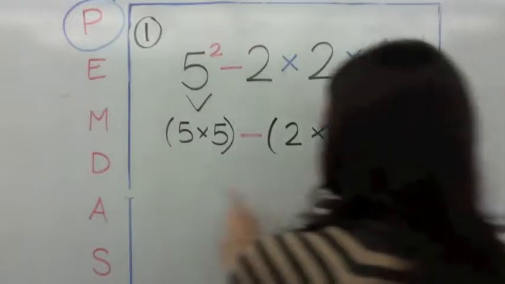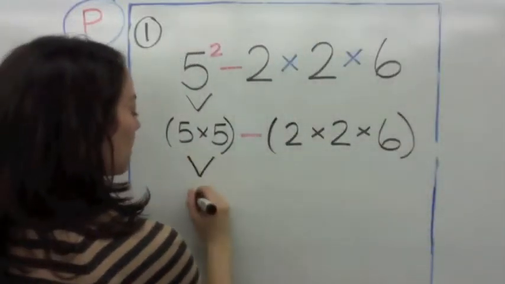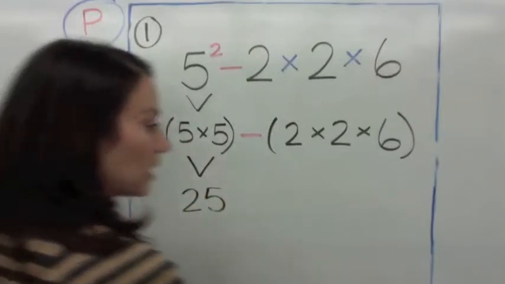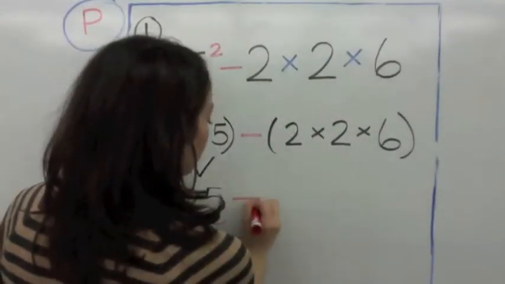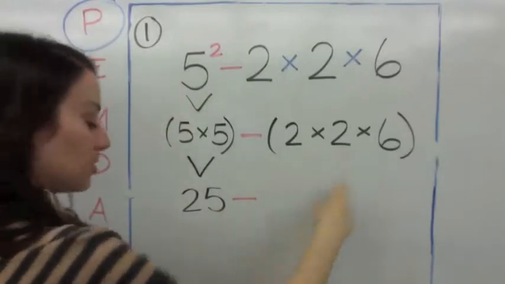Let's do this one because we know what 5 times 5 is. 5 times 5 is 25. Then let's put a subtraction sign in the middle. Now let's solve what's in here: 2 times 2 times 6.